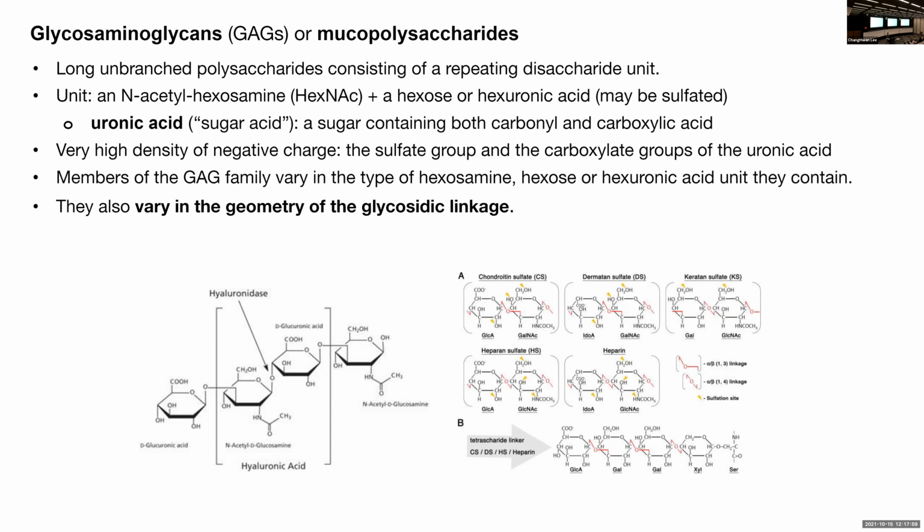The GAG is one of those heteropolysaccharides, but heteropolysaccharides can have three, like a trisaccharide as a unit too, or tetrasaccharides as a unit too, as opposed to the GAG, the glycosaminoglycan, which always has a disaccharide as a unit. So that's the difference.